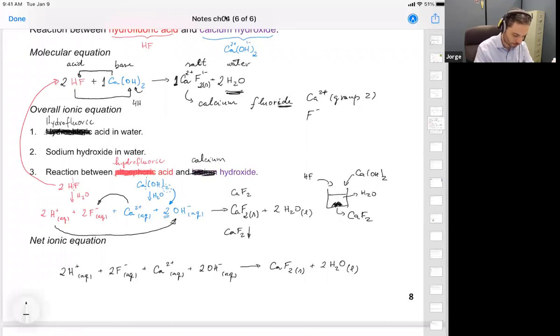So we are going to break the bond between hydrogen and fluorine, producing H+ and F-. I added a number 2 here because that comes from the molecular equation, okay? So those are the stoichiometric coefficients that came from the molecular equation. So we are just going to use them to make things easier.